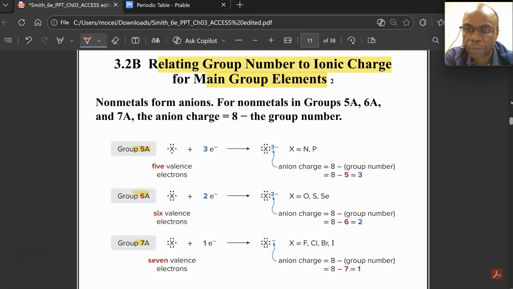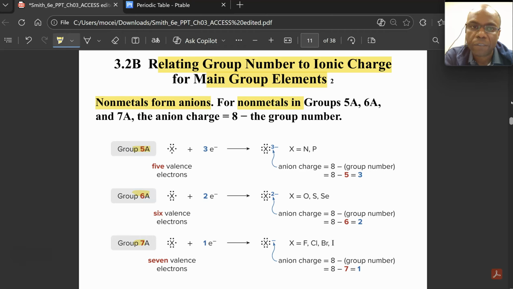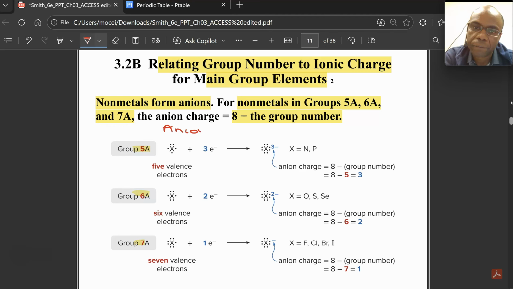We know that nonmetals form anions by gaining electrons. For nonmetals in group 5A, 6A, and 7A, the anion charge is going to be equal to 8 minus the group number.